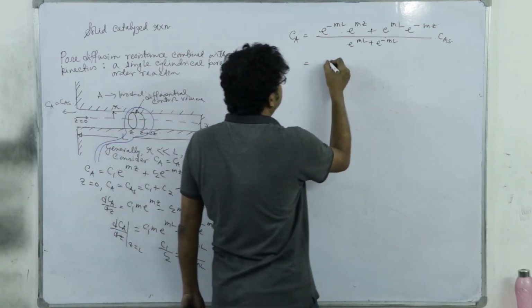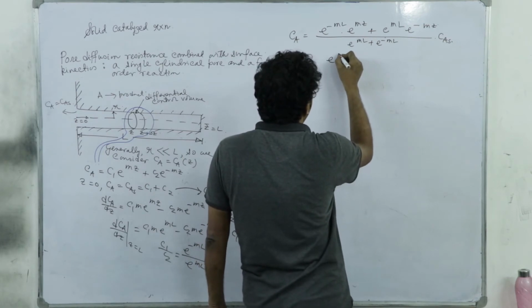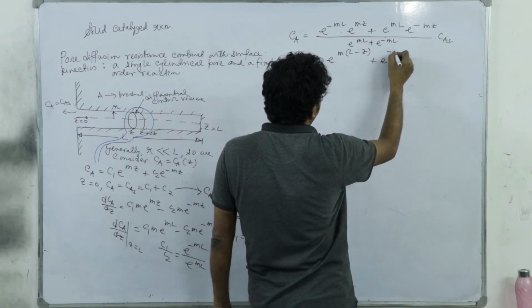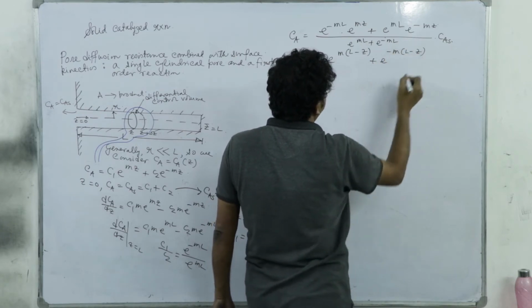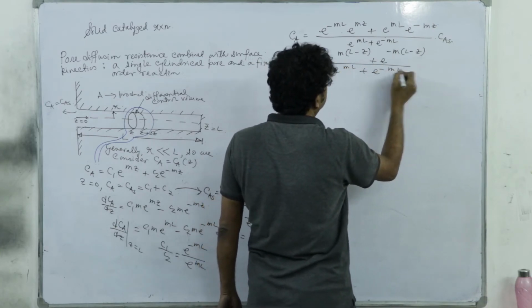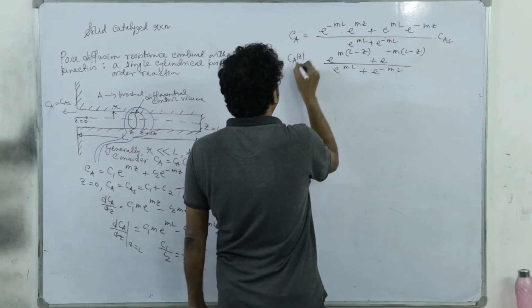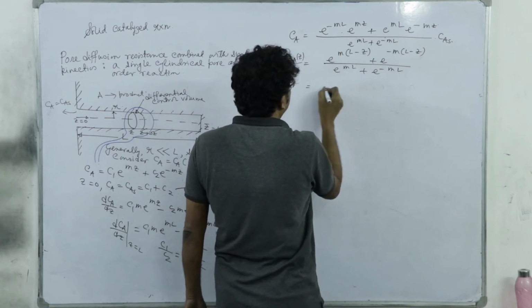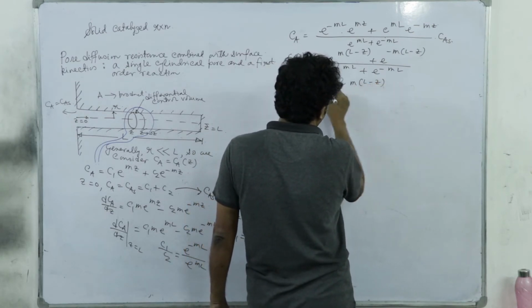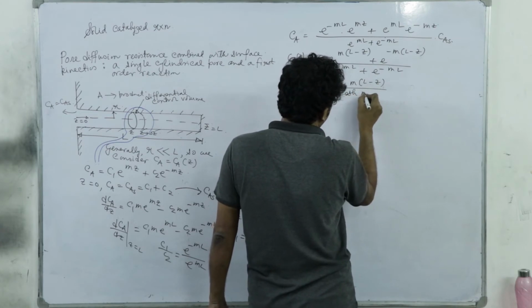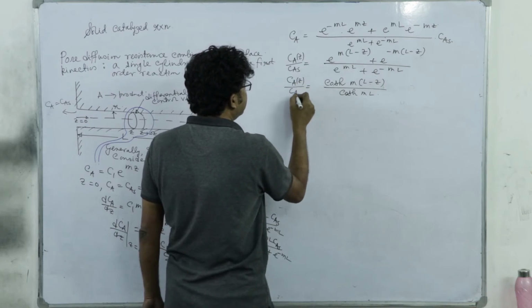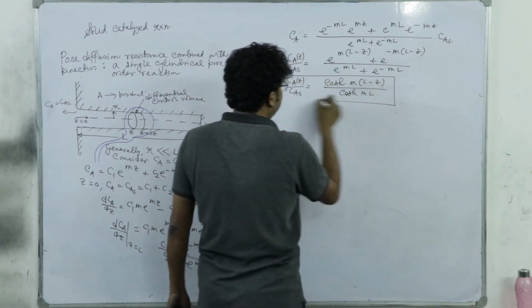So, this is e to the power m(L minus z) plus e to the power minus m(L minus z) divided by e to the power ml plus e to the power minus ml, and that is CAZ by CAS, which we can write easily as cos hyperbolic m(L minus z) divided by cos hyperbolic ml. So, that is the concentration profile.